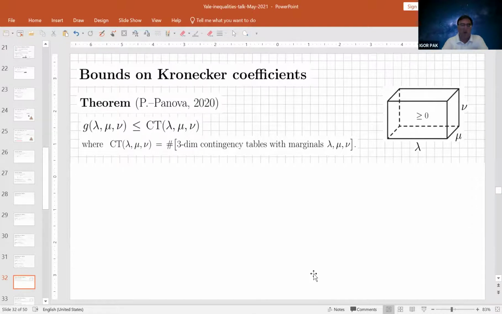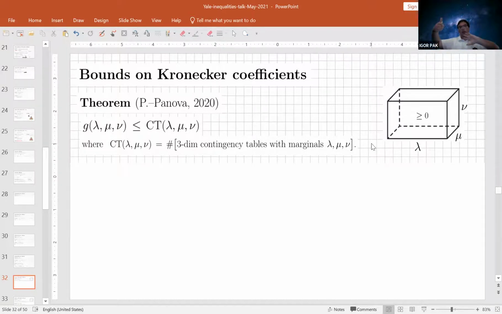So let me tell you a little bit about the bounds. The problem with Kronecker coefficients is not having a combinatorial interpretation, so getting any bounds is actually quite difficult. One bound is something we proved just recently. It's a very simple bound. It turns out that the Kronecker coefficient is bounded from above by the number of three-dimensional contingency tables with marginals lambda, mu, and nu. By that, I mean the following.